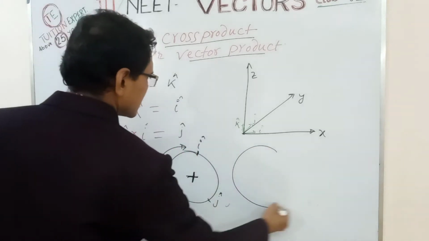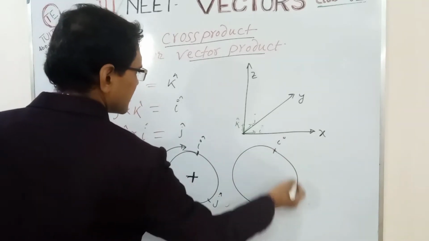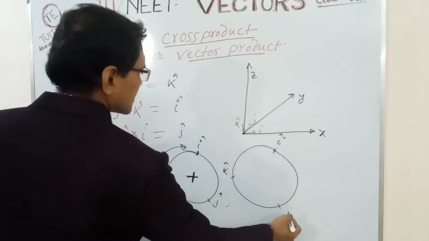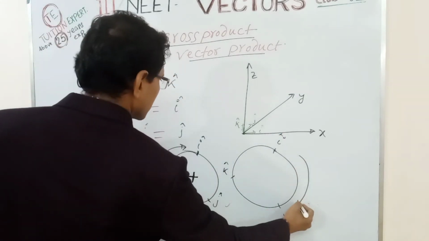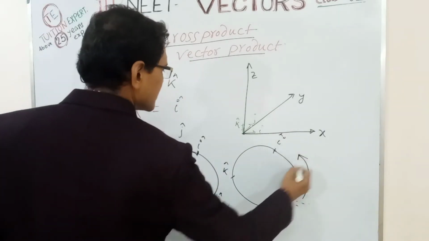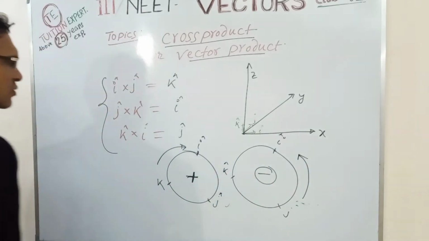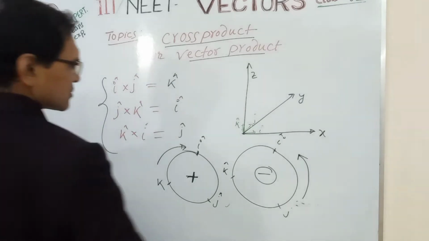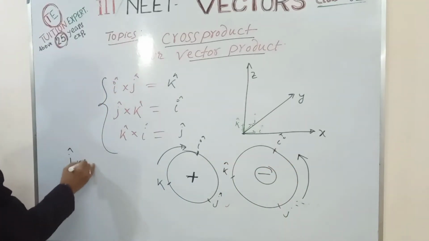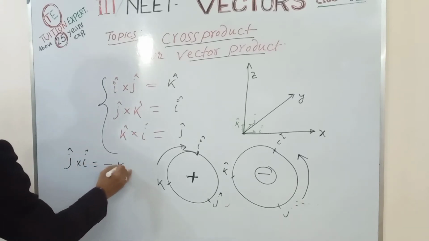Now this is I, this is j, this is k. If we turn anti-clockwise, this is clockwise, and if we turn anti-clockwise, then this becomes minus. So j cross I, from j to I, becomes minus k.